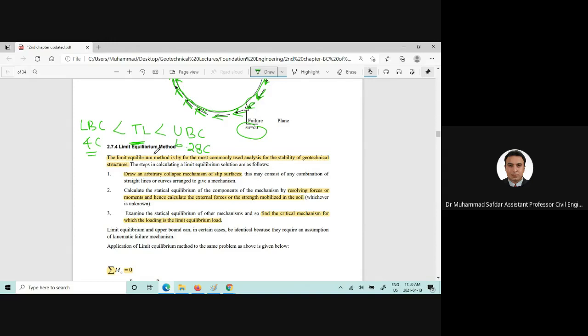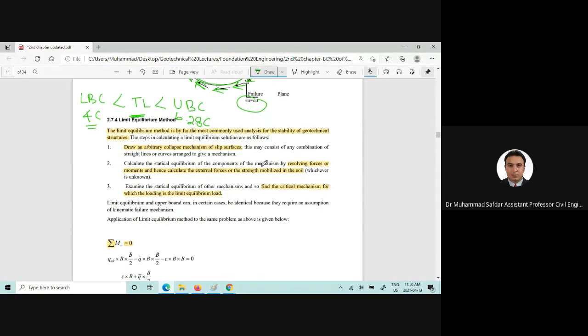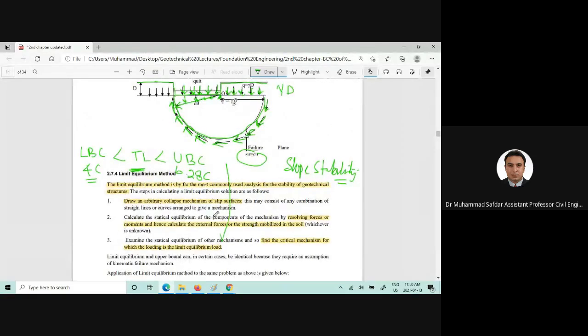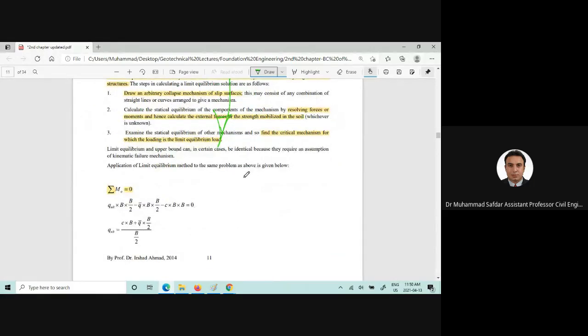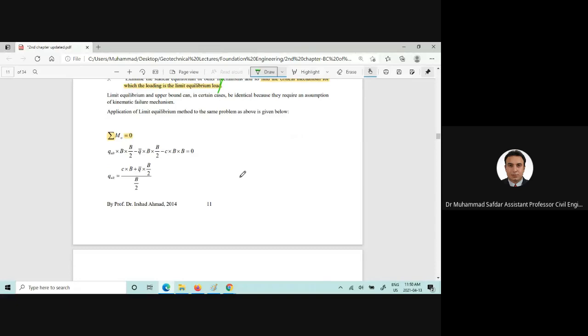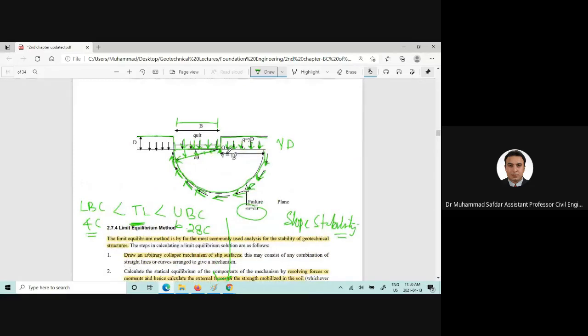Now, the limit equilibrium method is the most commonly used method for stability of geotechnical structures, which you also saw in finding the factor of safety for slope stability issues in Geotech 2. So we can also solve the same upper bound problem using the limit equilibrium method by taking the summation of moments at this point.